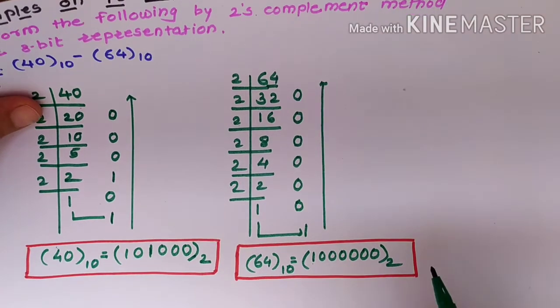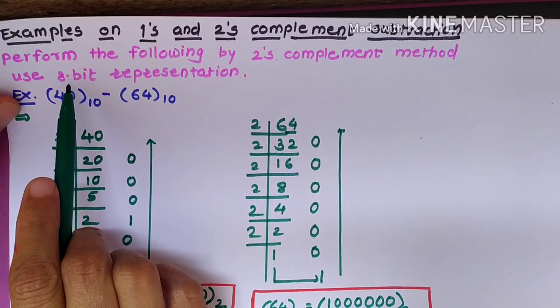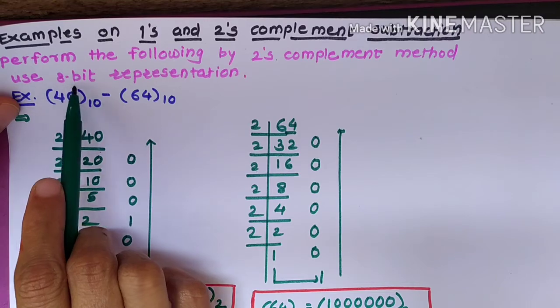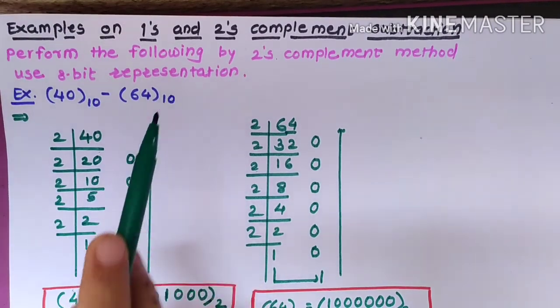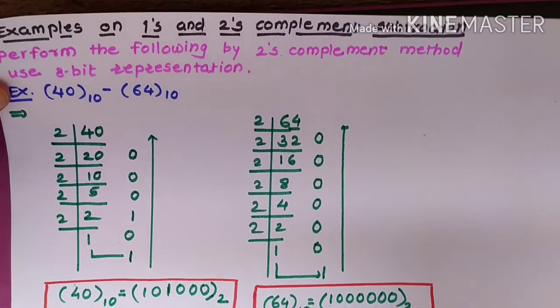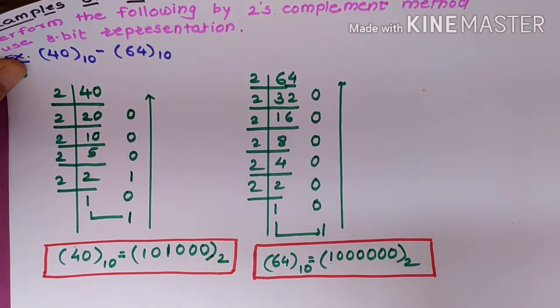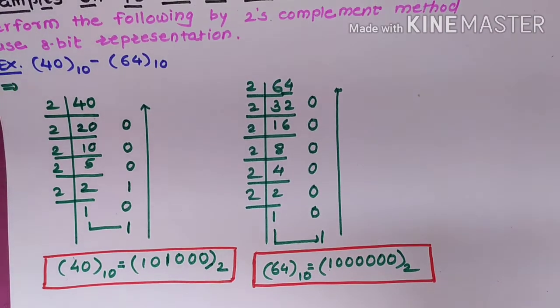But students, in this example we have to perform this subtraction using 8-bit representation. So for 8-bit representation we have to increase the digits, but only at the left side, the MSB of the given number.